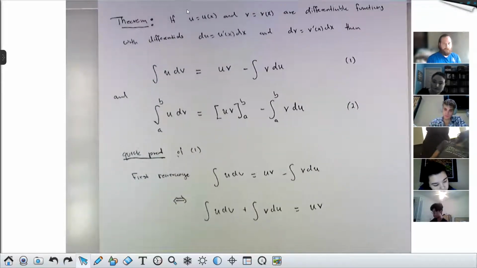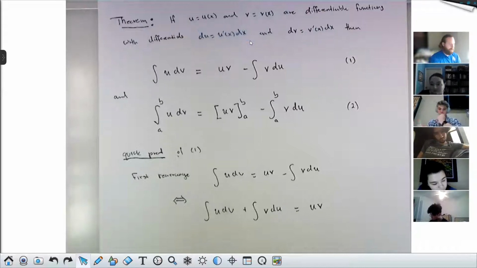And then my next little step, I'm just going to replace the u's. Everywhere there's a u, I'm going to write u of x to remind you it's a function of x. Everywhere there's a v, I'm going to write v of x. And I'm going to do the same thing with the differentials, dv and du. I'm going to write dv as v prime of x dx and du as u prime of x dx.